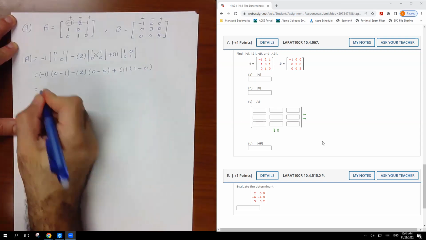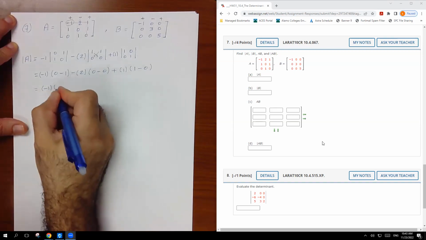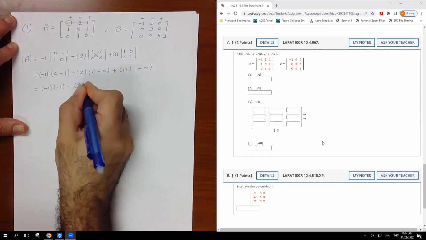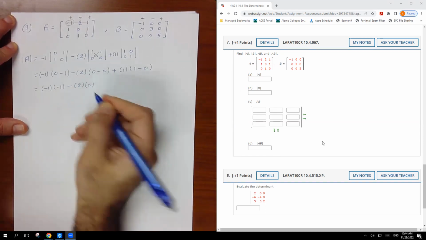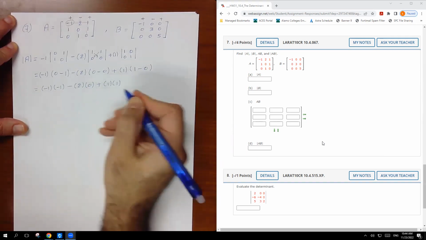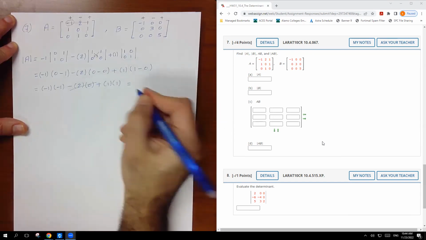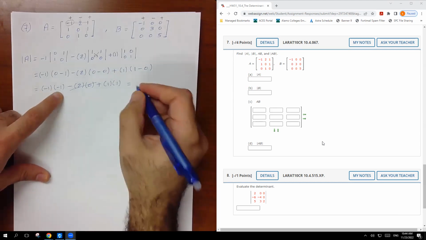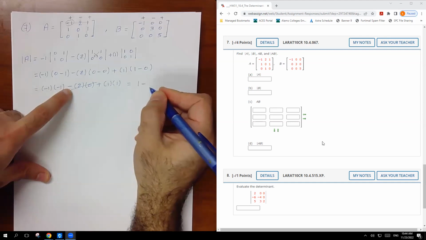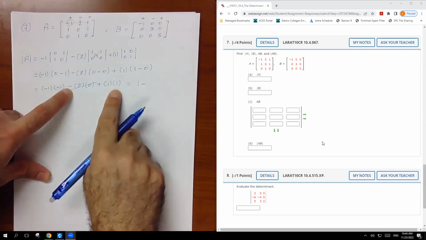Now let's simplify. Here's -1. 0 minus 1 is going to be -1, minus, here's 2, and here is 0, plus, here is 1, and here is 1. So -2 times 0 is going to be 0. That means the result is going to be -1 times -1 is going to be 1, minus -1, 1 times 1.